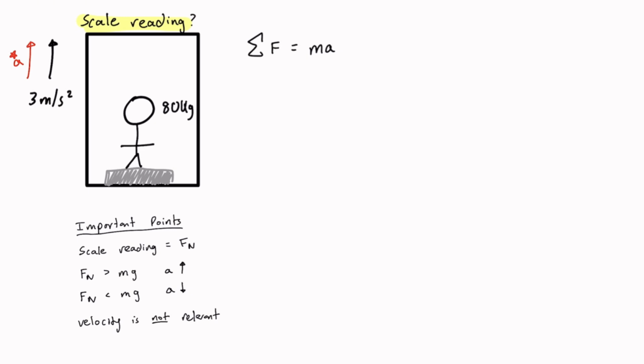We'll draw our free body diagram. We have mg of our person, and we have Fn from the scale, which is also our scale reading. So since Fn is in the direction of acceleration, it's positive, and we subtract mg of the person and set it equal to ma. Solving for Fn, we get Fn is equal to ma plus mg.